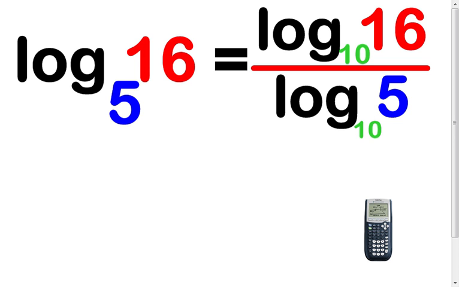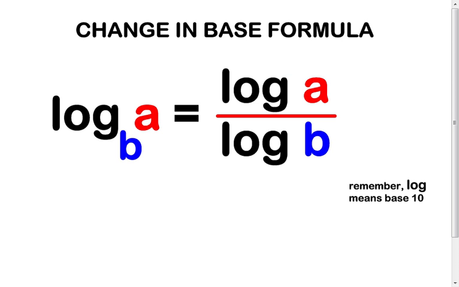And then again, when things are in base 10 down here, that's when you can use your calculator. You don't even need that 10 written, but you can take log 16 divided by log 5, and that will help you evaluate that quantity. Okay, so this is the change of base formula. And we've got that all good to go right there.